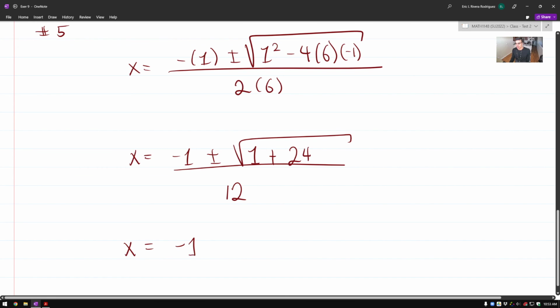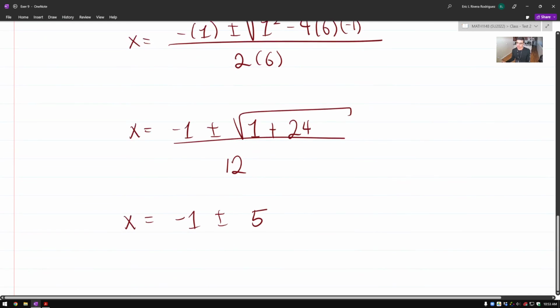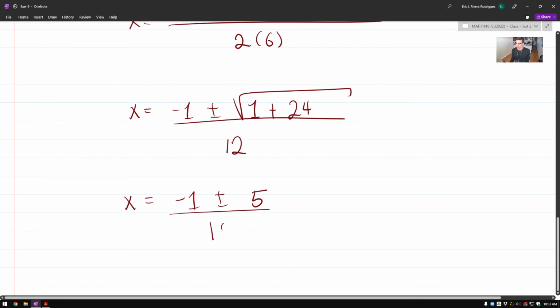So we have negative 1 here, plus and minus the square root of 1 plus 24, 25. The square root of 25 is 5. All this over 12.